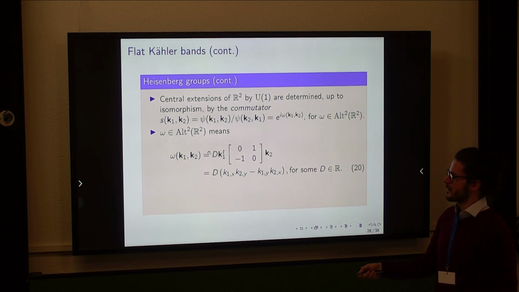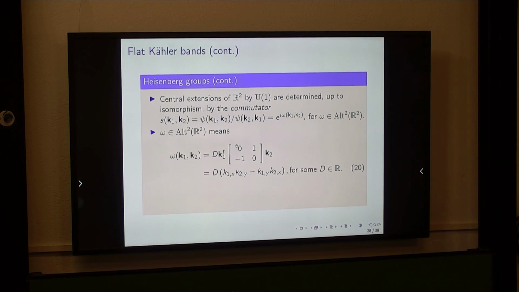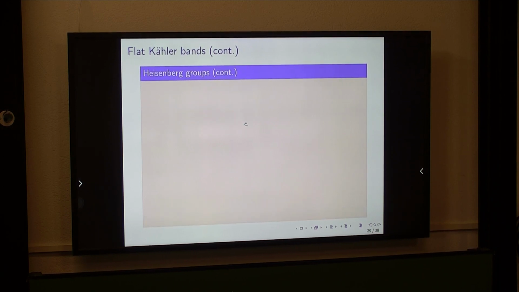You have a real number, and you have the canonical symplectic structure in R². Okay? So that's it. So now we have this free parameter D. And if D is non-vanishing, then G is called the Heisenberg group. Okay? Let me just continue.